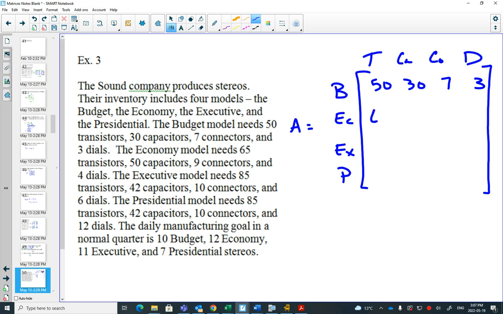Economy, 65, 59, 4. Executive, 85, 42, 10, 6. And the presidente, 85, 42, 10. And look at all of those dials. Oh, that'd be a nice stereo.